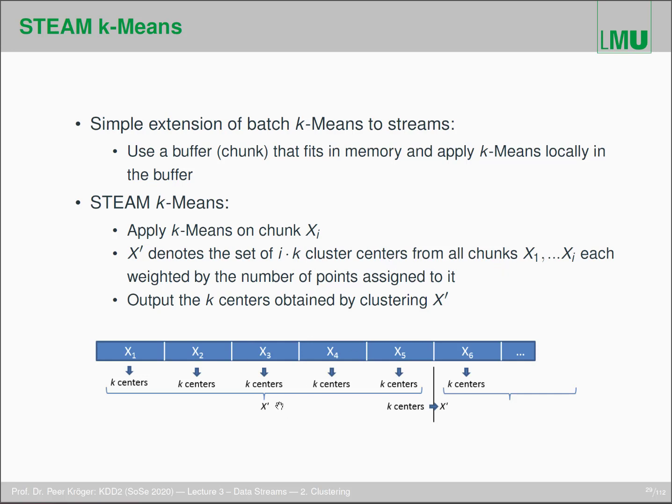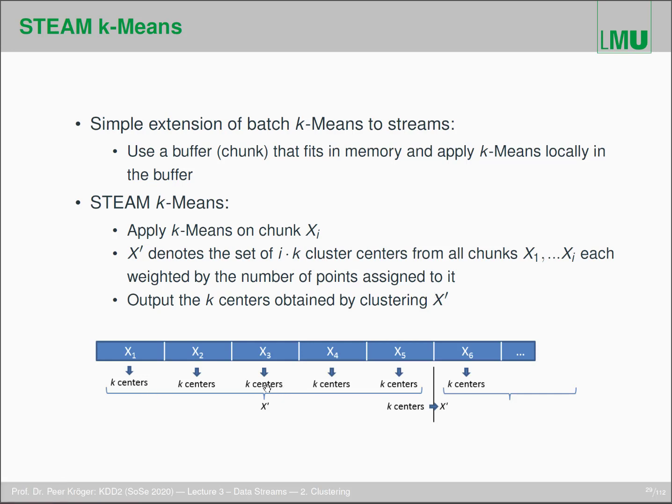And now what you do is you cluster the cluster centers in X prime. So you run k-means on the cluster centers from the chunks, and the cluster centers from the chunks are each weighted by the number of points assigned to them.